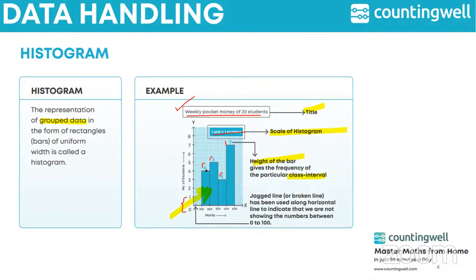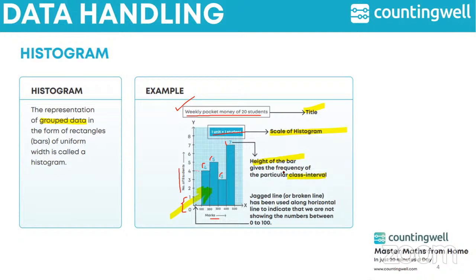Okay. So when you mark the bar till here, it means there are 4 students in class interval 100 to 200. And on the x-axis we have marks. On the y-axis we have the number of students.